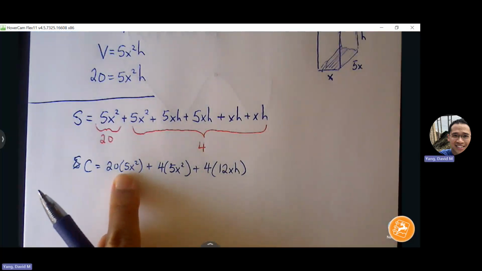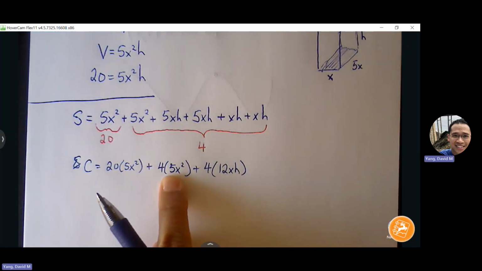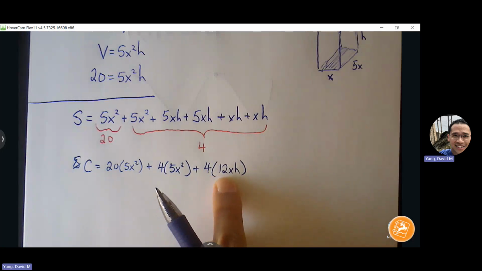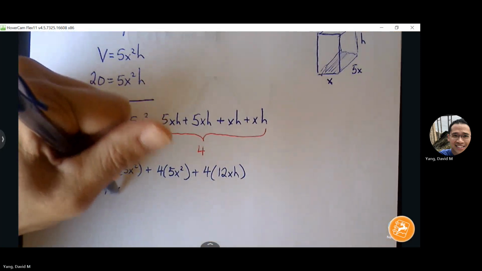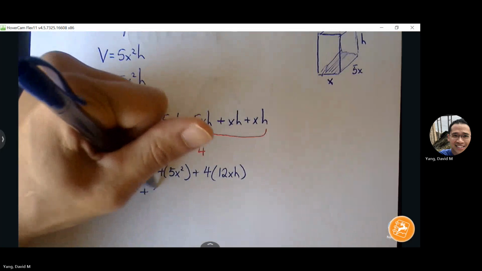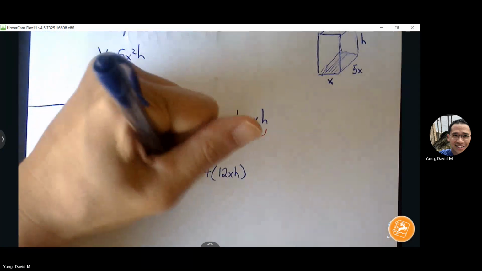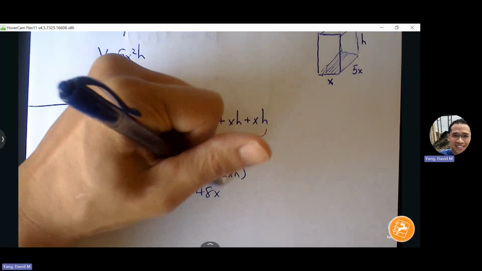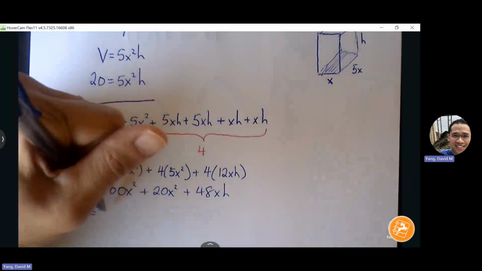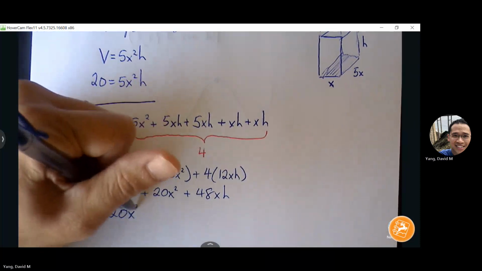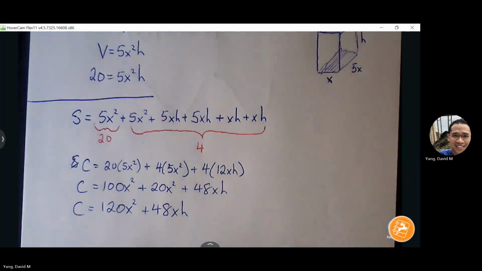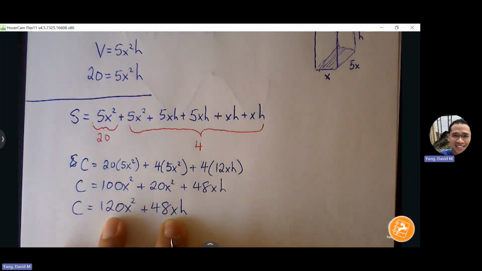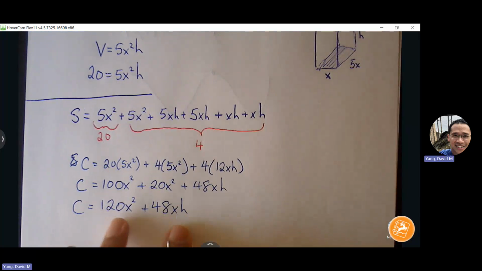Okay, so $20 for the base, $4 for the top, and $4 for each of the sides. Continue combining like terms here. All right, so my cost equation is as far as I can get at this stage.